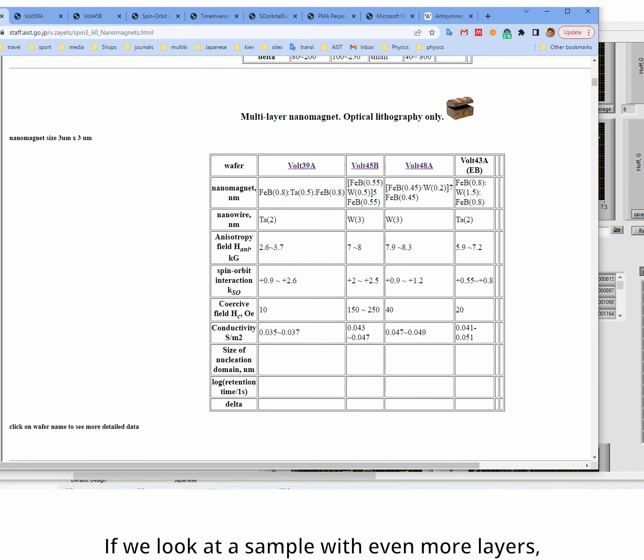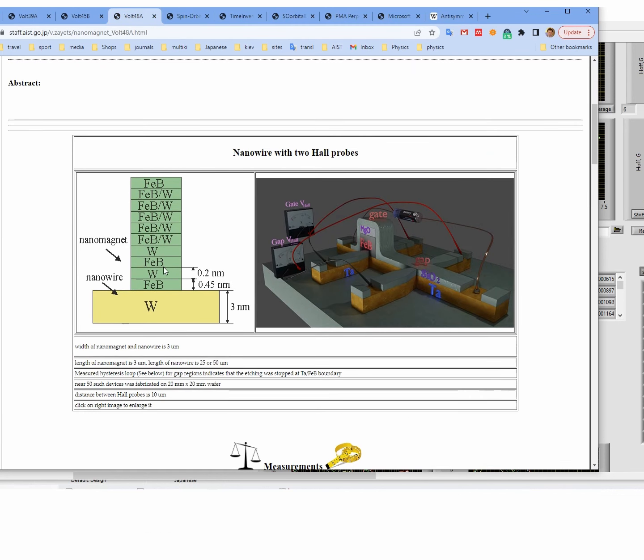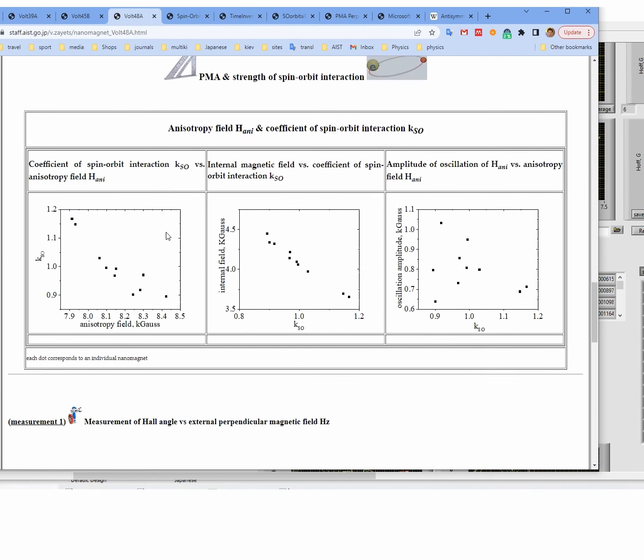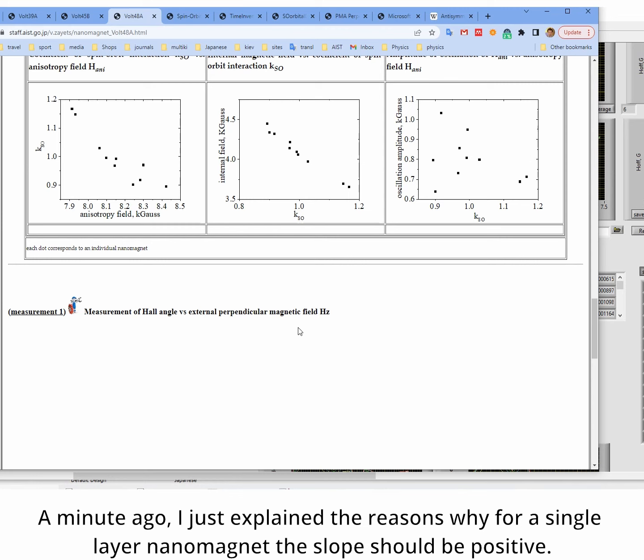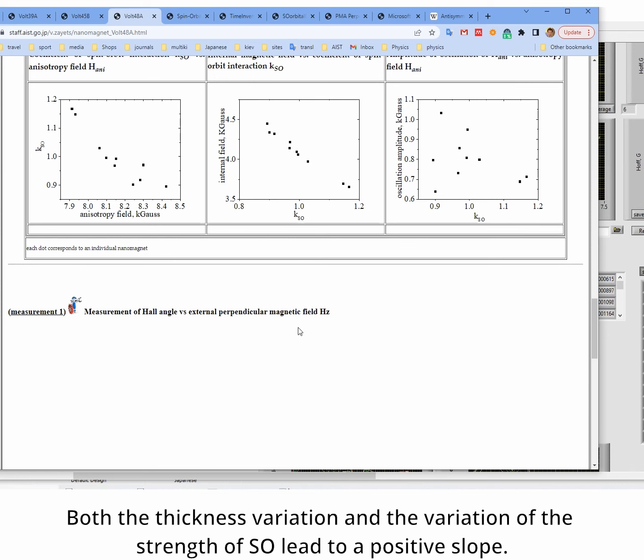And if we look for samples with even more layers, like this one, and more layers, the slope is negative. A minute ago, I just explained the reason why for single-layer nanomagnets the slope is positive. Both the thickness variation and the variation of the strength of spin-orbit interaction lead to a positive slope.